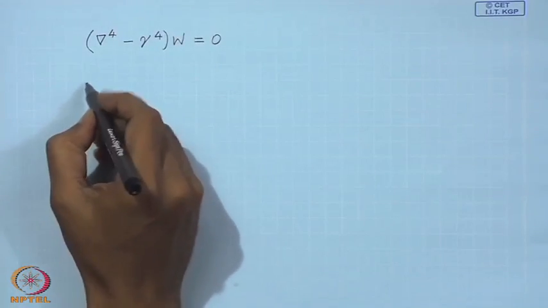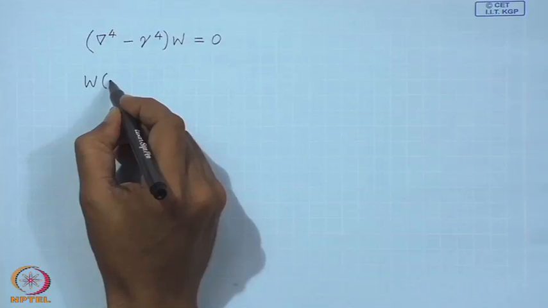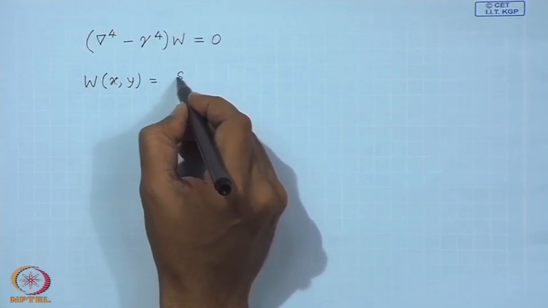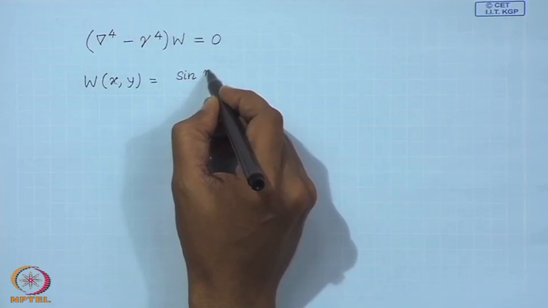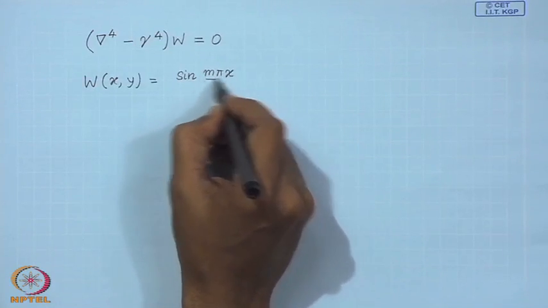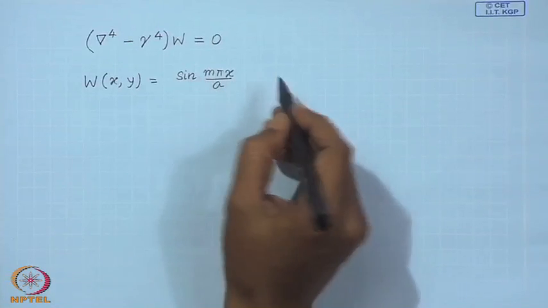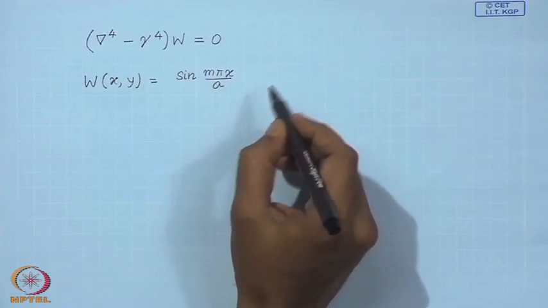And we know that sine m pi x over a is a function which satisfies these 4 boundary conditions, 2 on each edge.